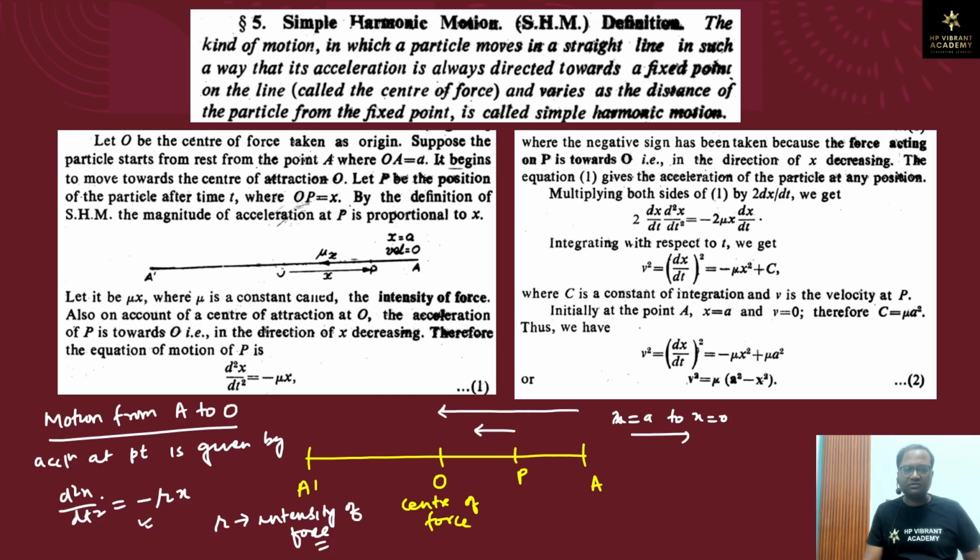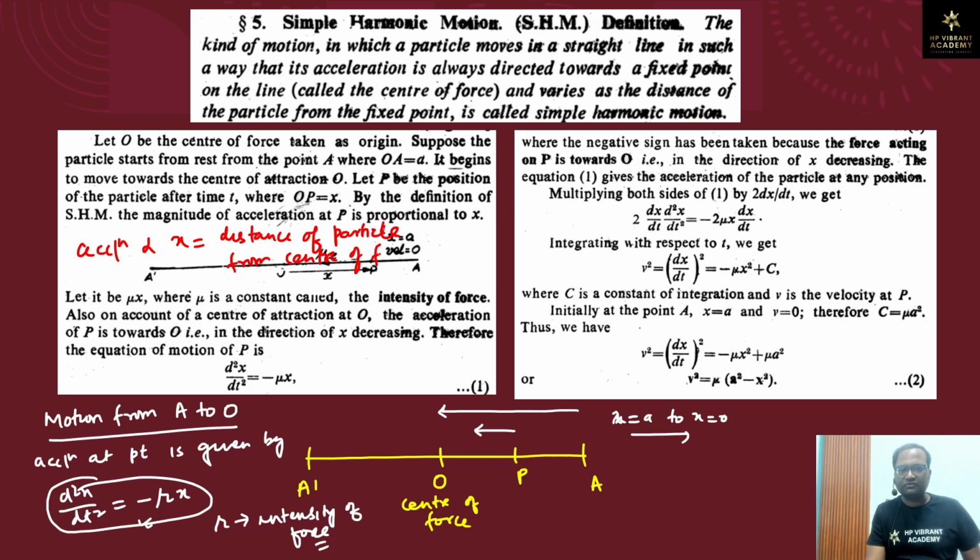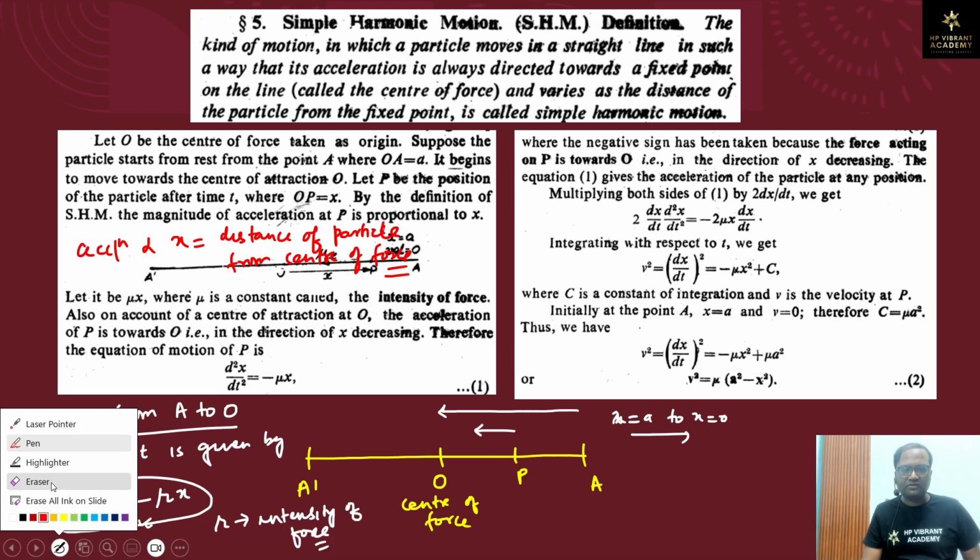We have the acceleration as d2x upon dt square, and this acceleration is proportional to x. Here x is the distance of the particle from the center of force.